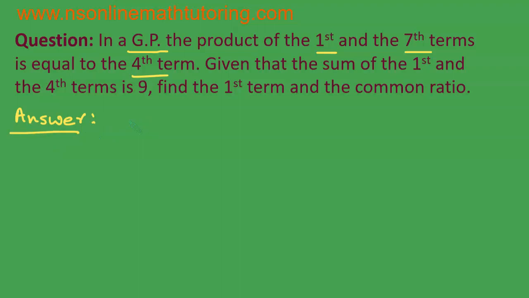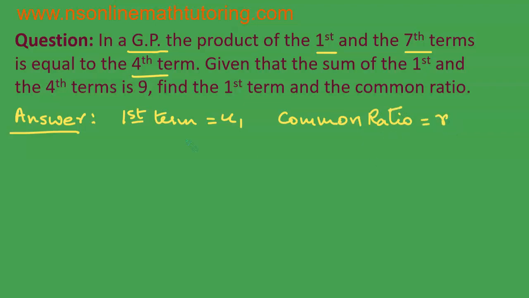So, since it is a geometric progression, first of all, let me write first term is equal to u1, and the common ratio is equal to r.